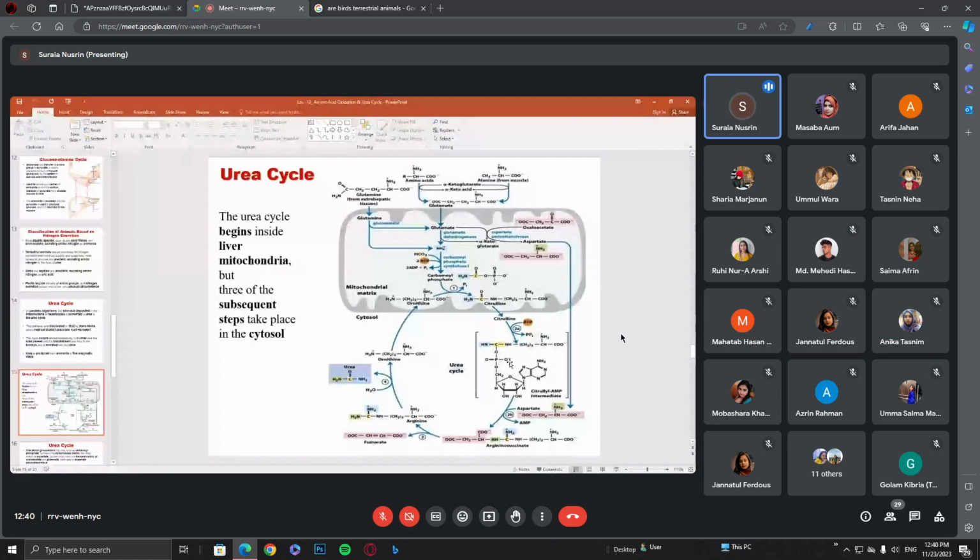So in the urea cycle, the first amino group enters as carbamyl phosphate, and the second amino group enters the urea cycle as aspartate.